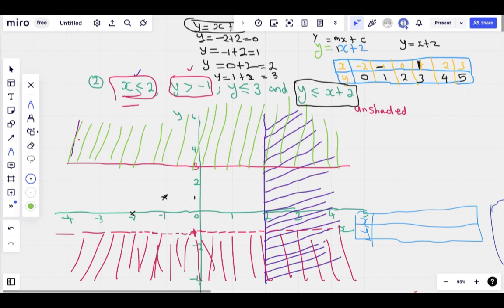-1 on the x-axis, trace it to 1 on the y-axis. If you want to do tracing, you will see something like this. But I feel you already know this. Then you put your point there. Then 0 on your x-axis, trace it to 2 on the y-axis, which is here.